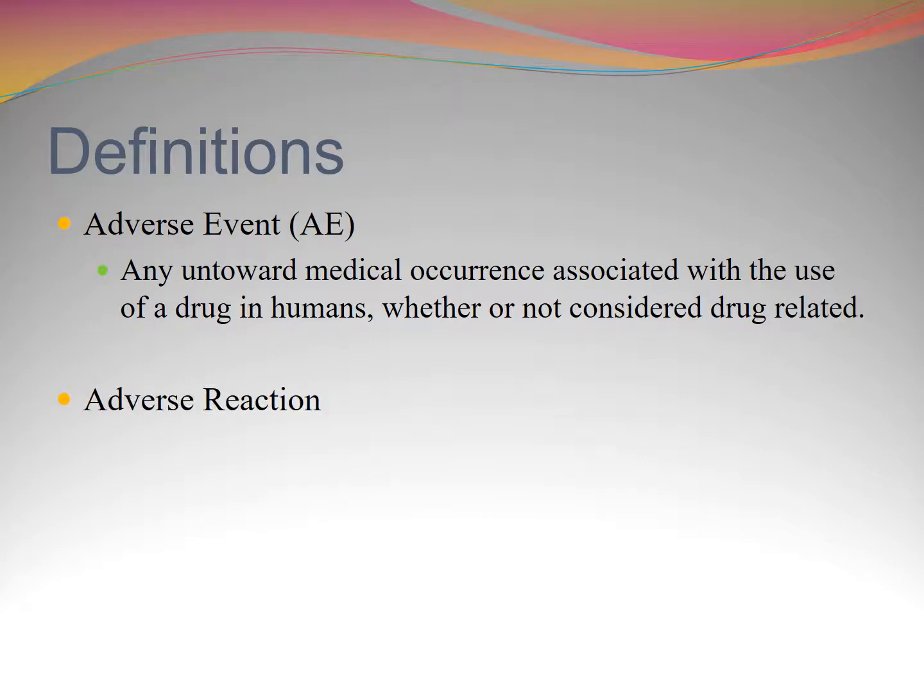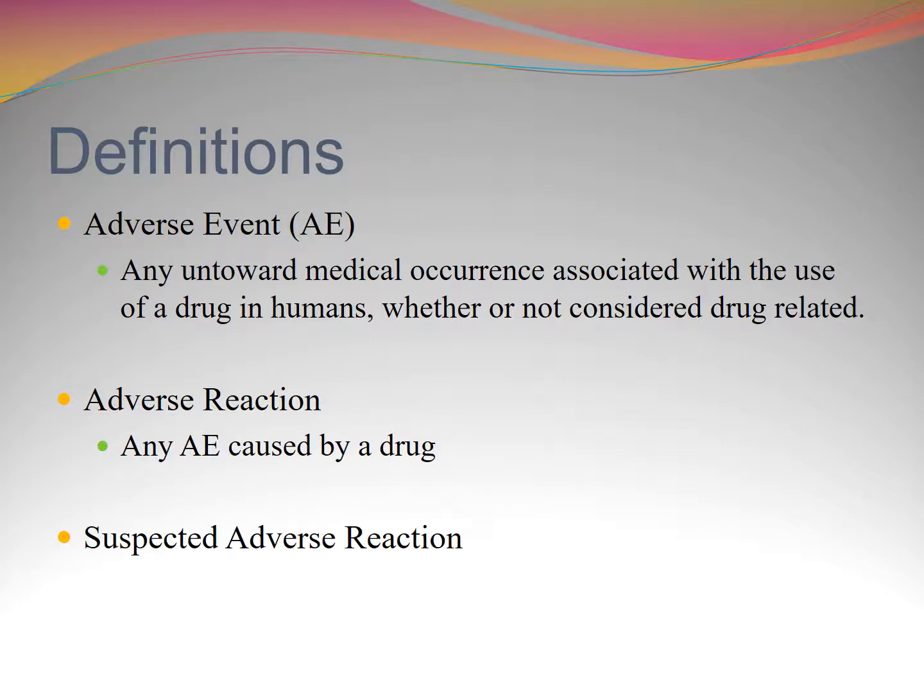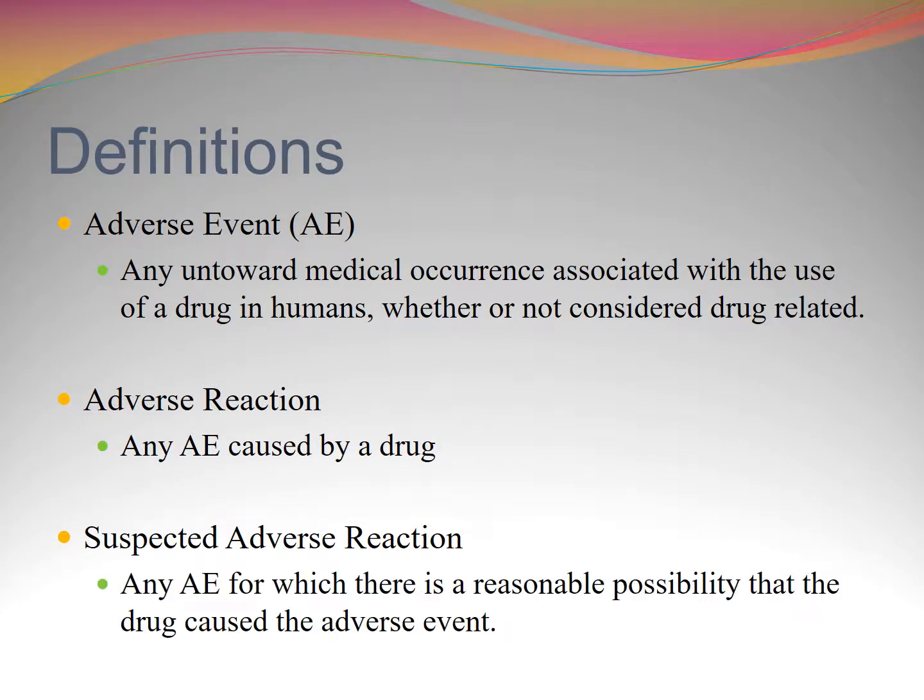An adverse reaction is a type of adverse event, and it's any adverse event caused by a drug. That's pretty straightforward. If it's caused by the drug, it's an adverse reaction. A suspected adverse reaction is a little more of a gray area. It's any AE for which there's a reasonable possibility the drug caused the adverse event.